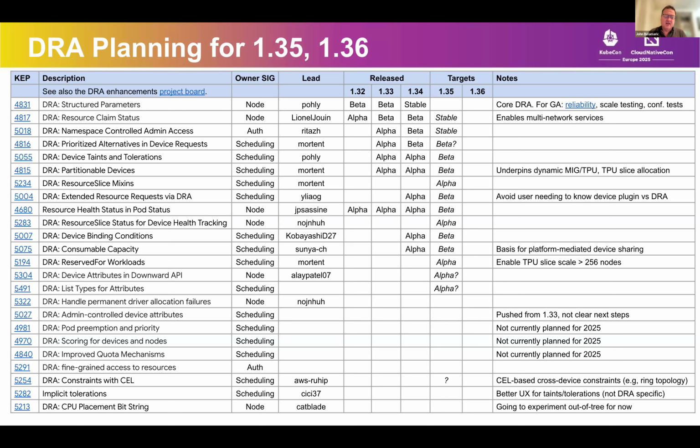Conceptually or semantically, both the counter sets and the mixins may make more sense at the pool level than at the slice level, but we put them at the slice level because enforcing validation was challenging, couldn't be done at admission time basically unless they were in the slice.